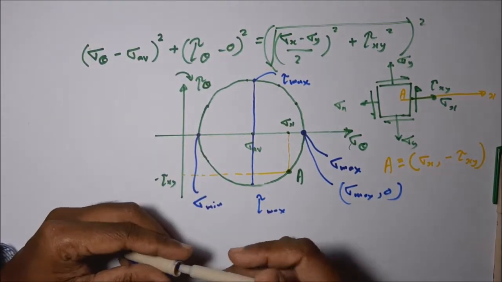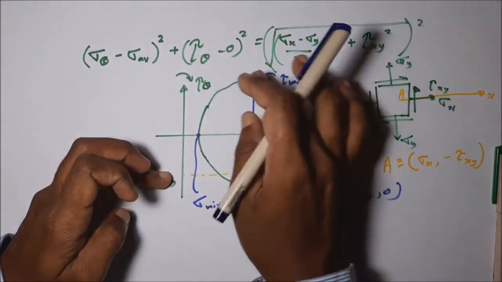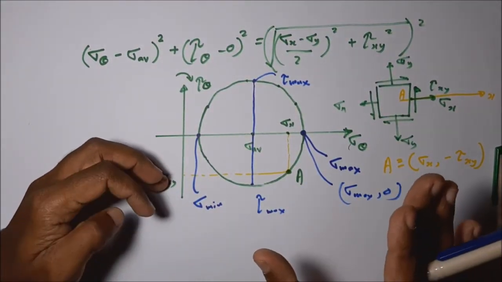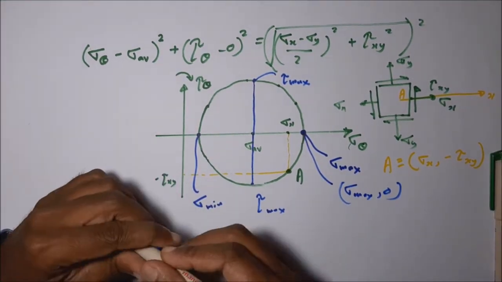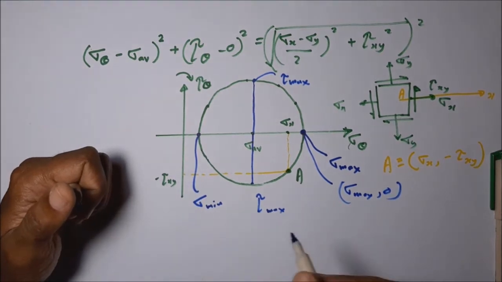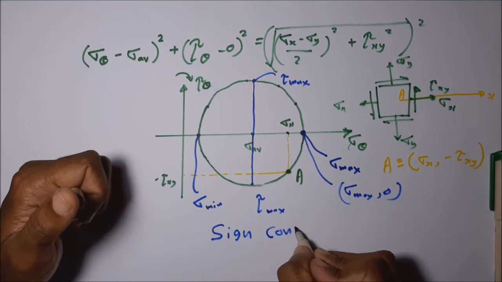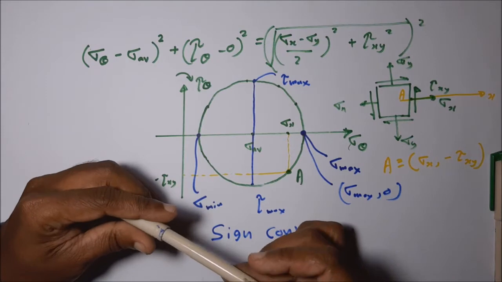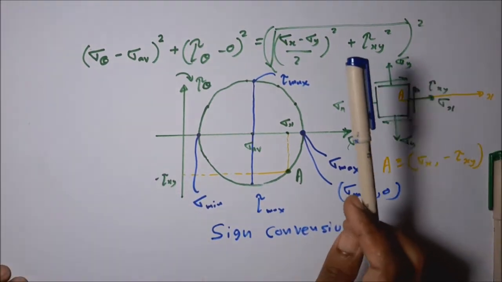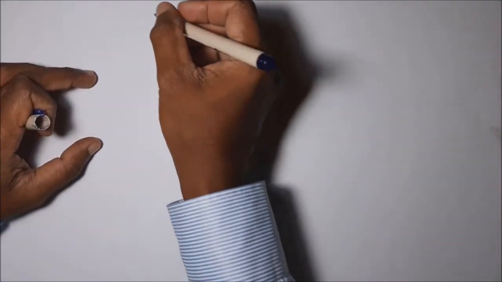Next, we will see how to mathematically obtain the equation for the Mohr circle diagram. Then I am going to explain the sign convention used when drawing the Mohr circle diagram.